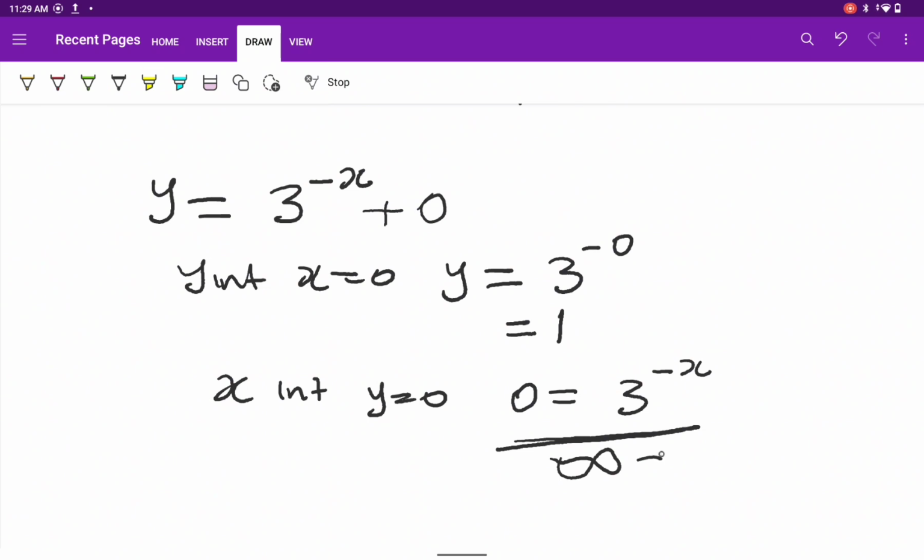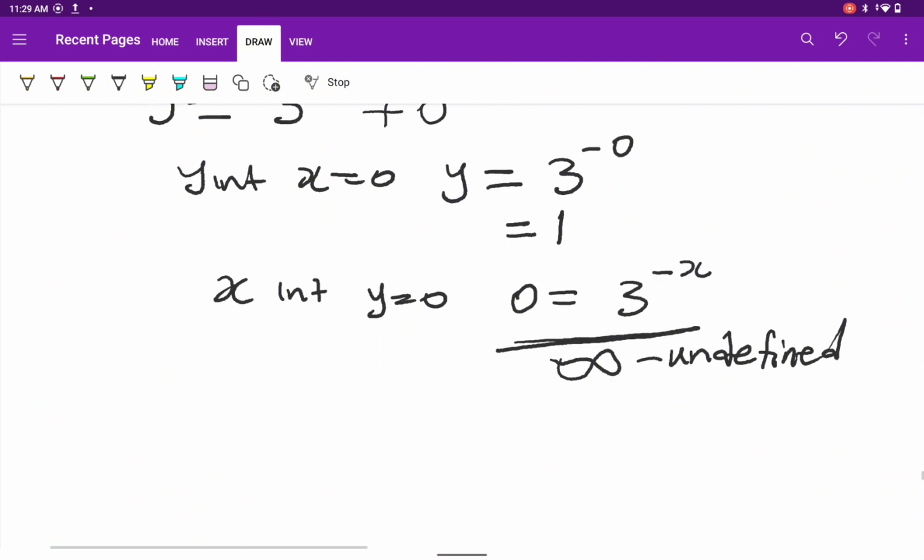If it's undefined, it means that there is no x-intercept. So our graph has no x-intercept.